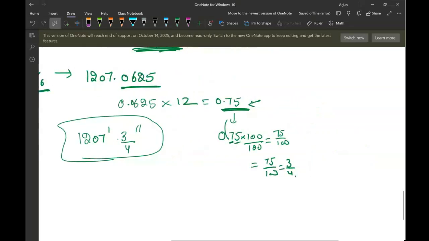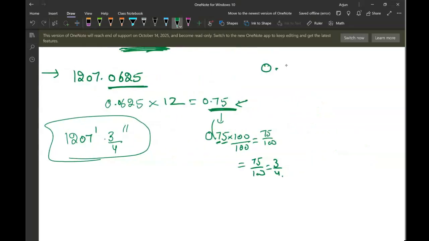So again, if you are given a decimal number like, for example, 0.675, and you have to convert it into a fraction and you're not sure what to do on your calculator, you move the decimal 3 places to the right, so multiply it by 1000 and divide by 1000.